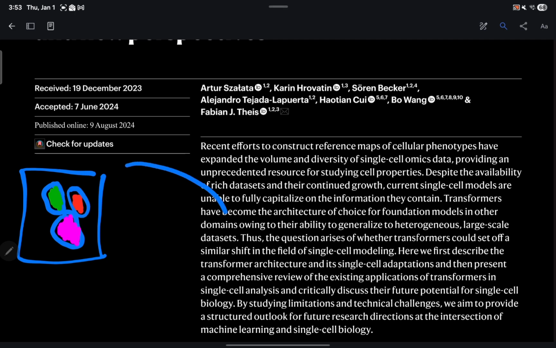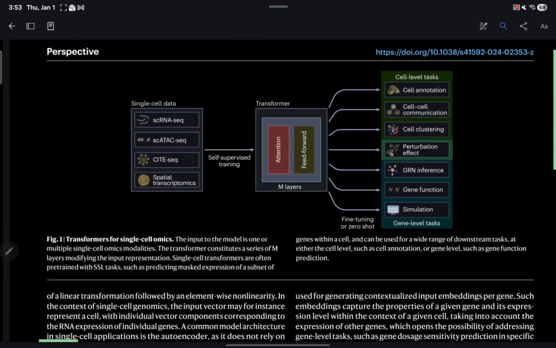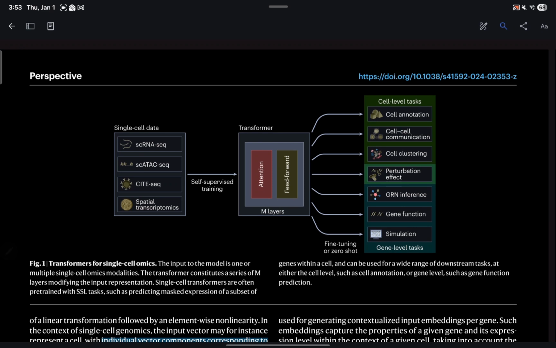So I will, sorry, I will go through the paper and talk about it in more detail. As I talked about, here we have different single cell data. It can be RNA-seq or it can be spatial. So additional to the information that you have from each cell, you can have the fact that where they are located in a 2D space.